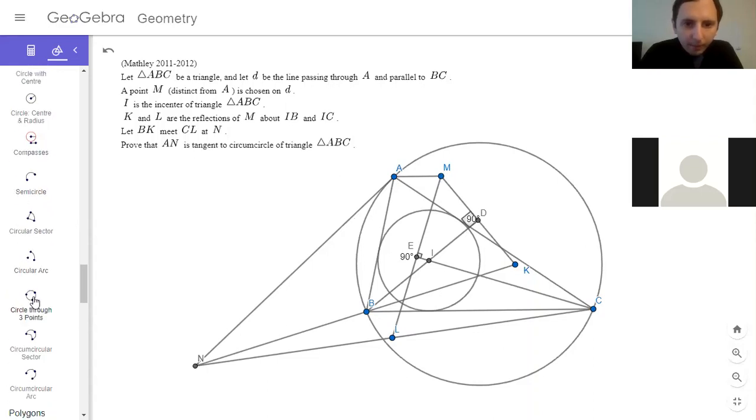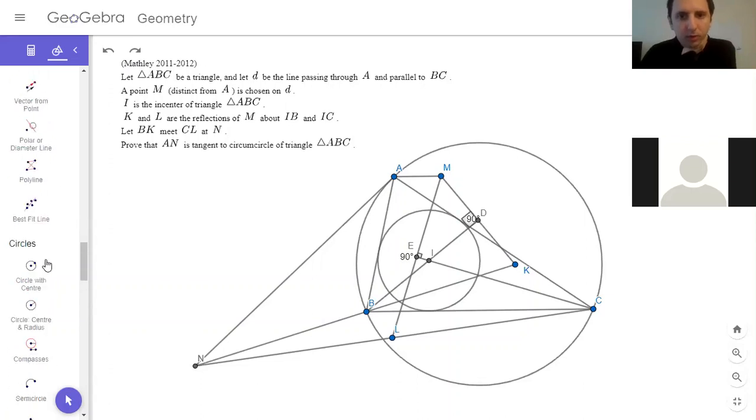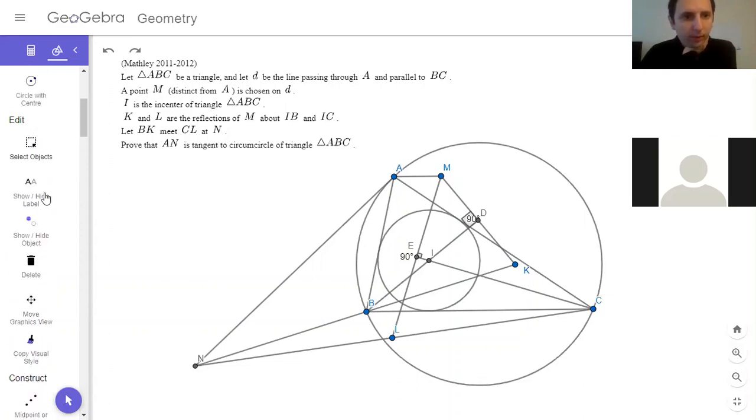Is BK on some kind of a circle? Not sure. All right, so there's more information here.